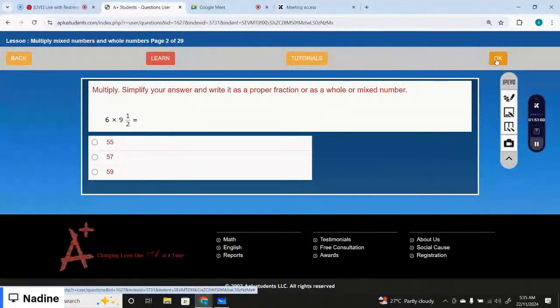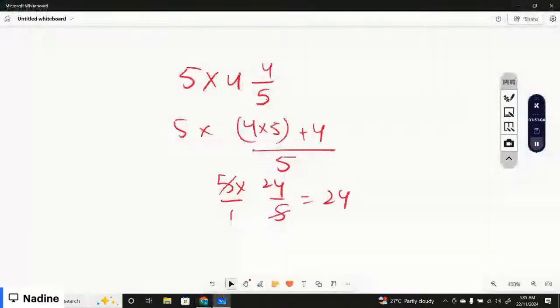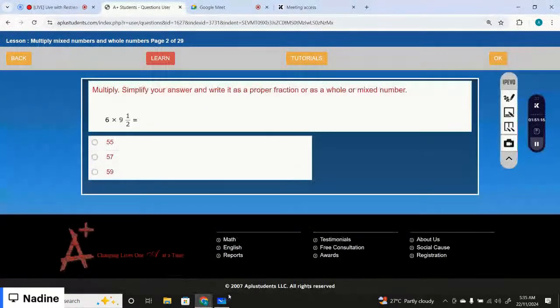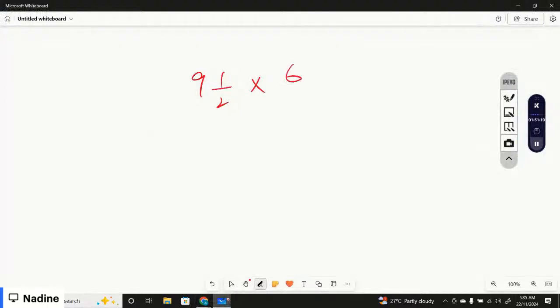Six times 9 whole 1 over 2. So let's just convert into an improper fraction. That is 2 times 9 is 18 and 1, 19 over 2 times 6. So 2 times 1 is 2, 2 times 3 is 6.